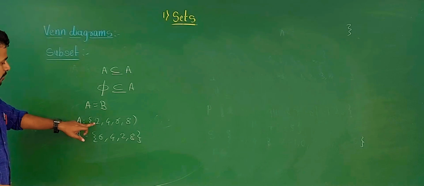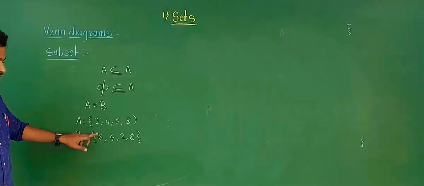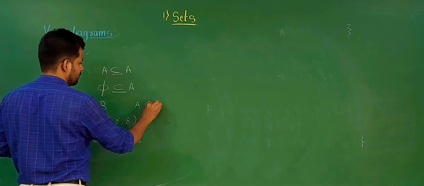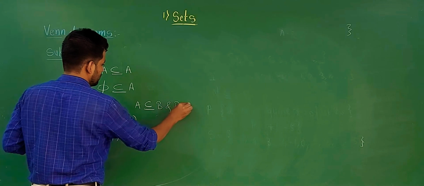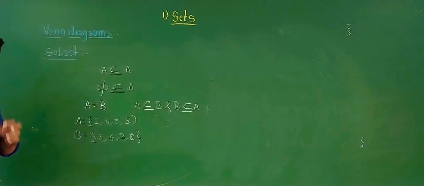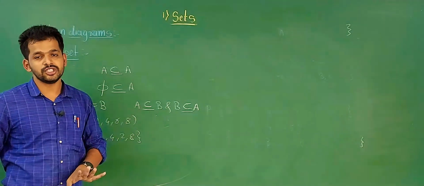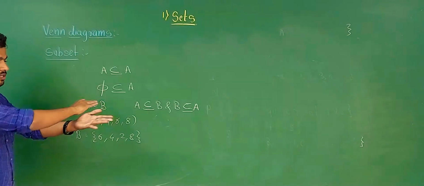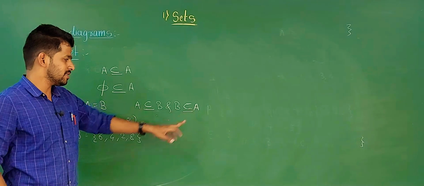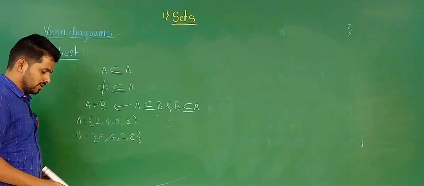See, every element of set A is present in B and also every element of B is present in A. That's why A is a subset of B and B is also a subset of A. If two sets are equal, then they are subsets of each other, and vice versa. If A is a subset of B and B is a subset of A, then A is equal to B, that is both sets are equal.